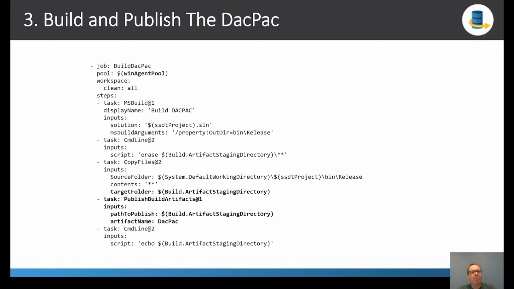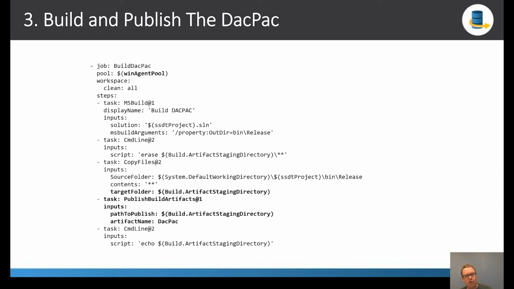Okay, I mentioned artifacts, and this is where the concept of artifacts first rears its head. What I'm doing is I'm creating an artifact called DACpack for my actual DACpack, and what this allows me to do is, in other words, it provides the most elegant means of using artifacts later on throughout the rest of the pipeline.